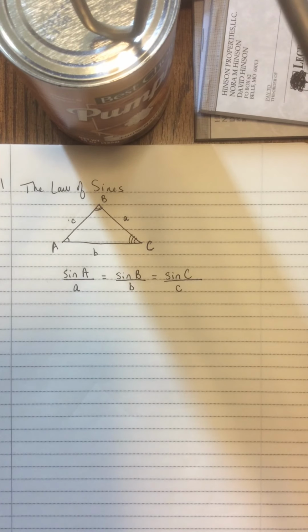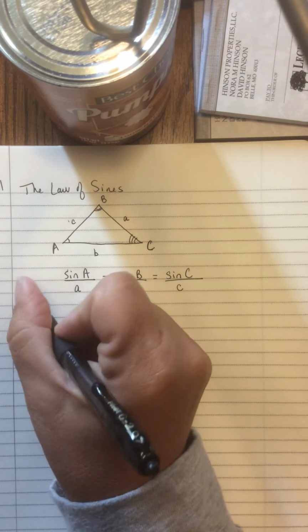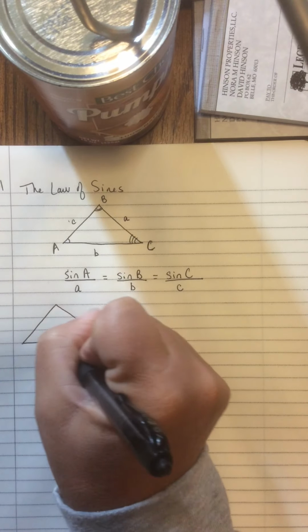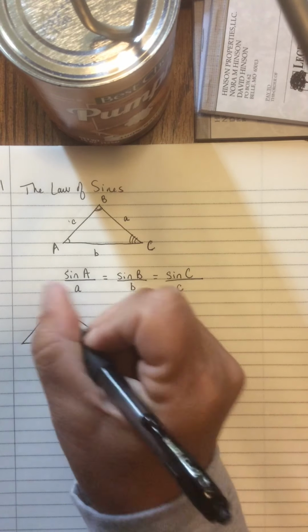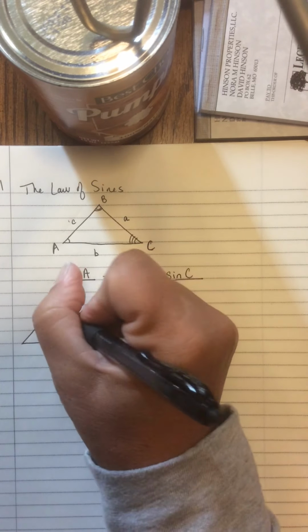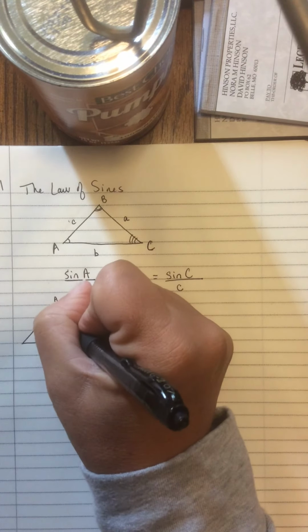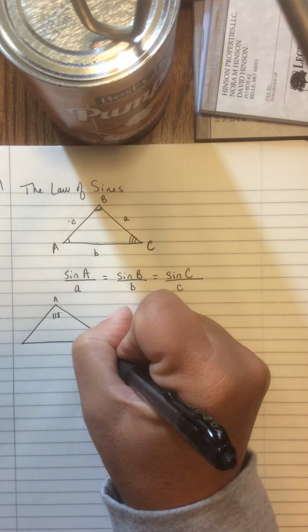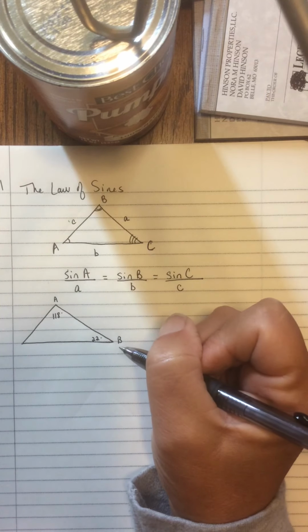So let me give you a couple of examples. Let's say I give you this triangle right here. And I'll tell you that angle A here is 118 degrees. Angle B is 22 degrees.